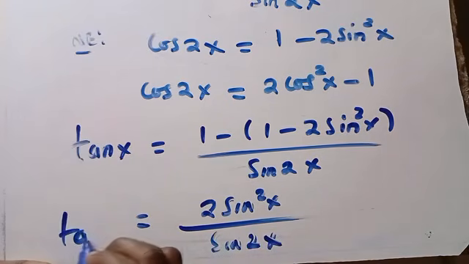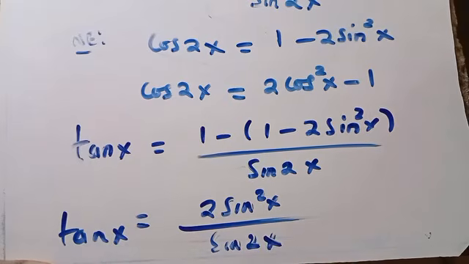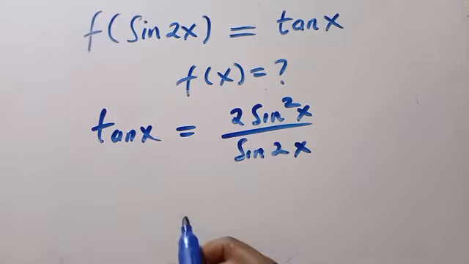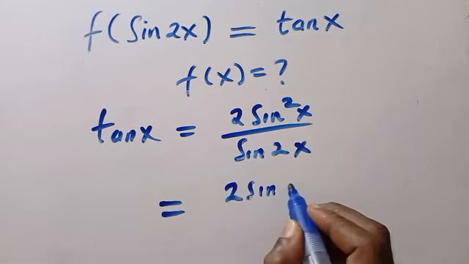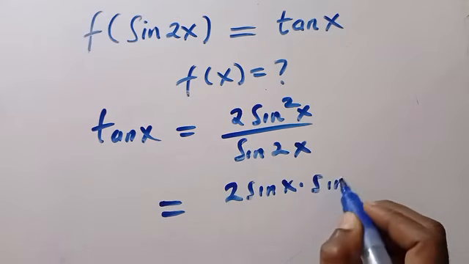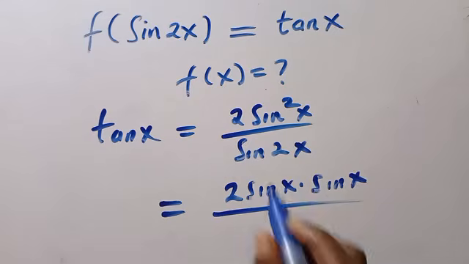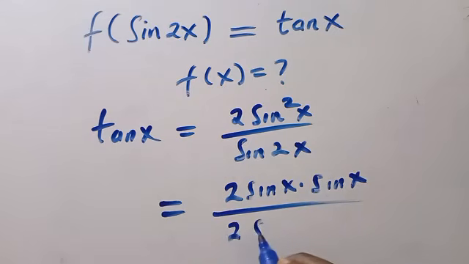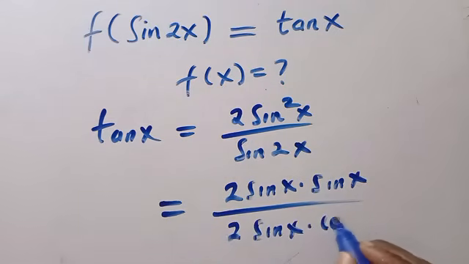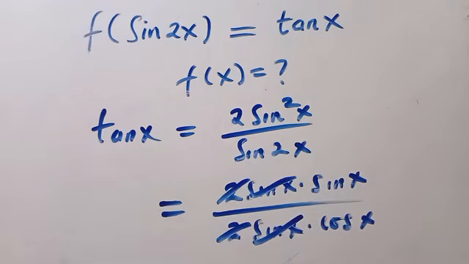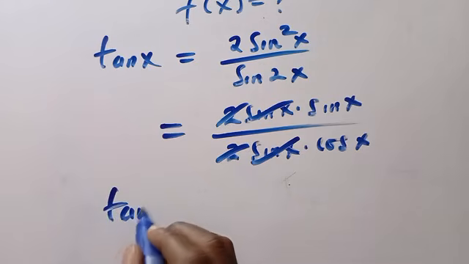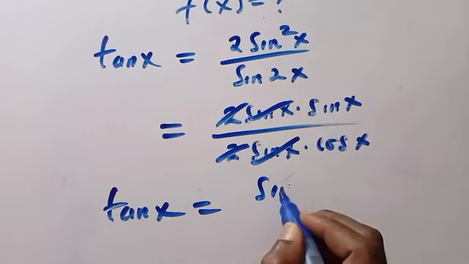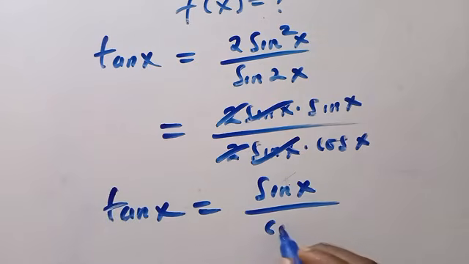Then 2 sine squared x is 2 sine x multiplied by sine x, and sine 2x is given as 2 sine x multiplied by cos x. So sine cancels sine and 2 cancels 2. We have only sine x divided by cos x, which equals tan x. So this proves the identity.